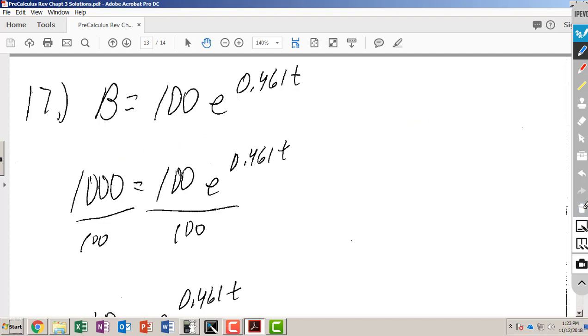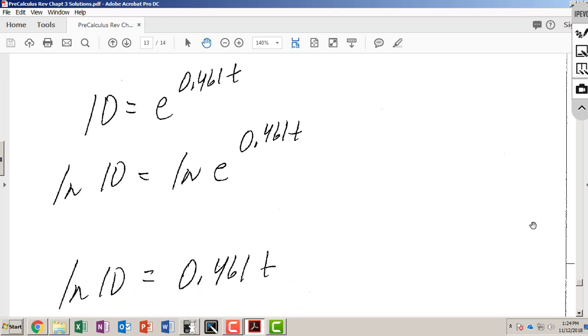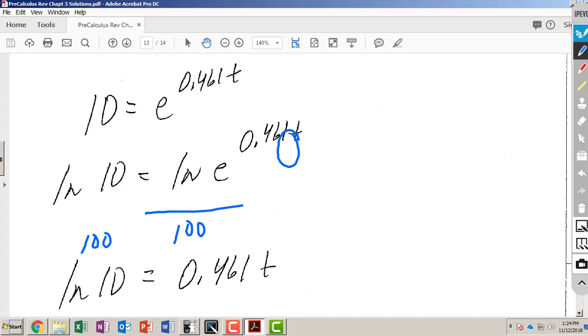So notice I'm solving for t, solving for time. I divide both sides by 100. When I divide both sides by 100, I end up with 10 all equals e to the 0.461t. Okay, now I know that the opposite of e is ln. So we go with ln both sides.